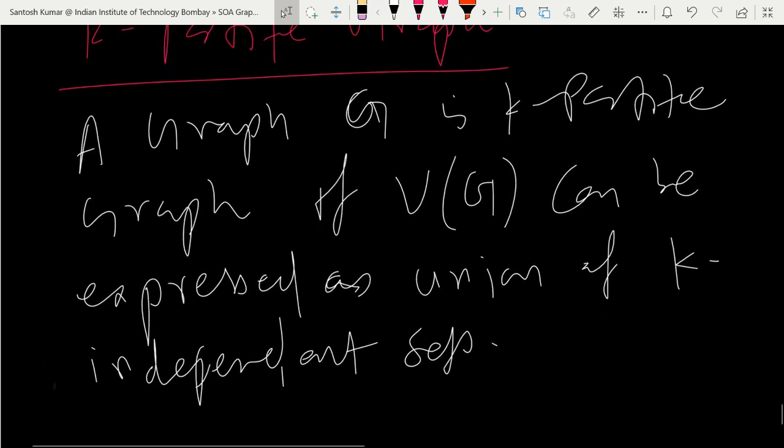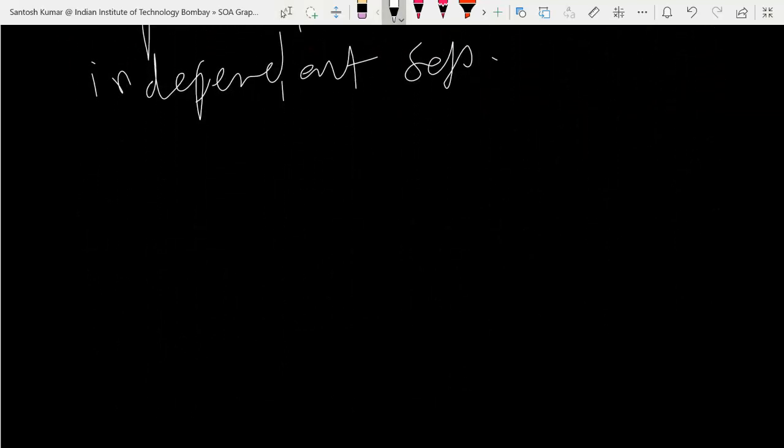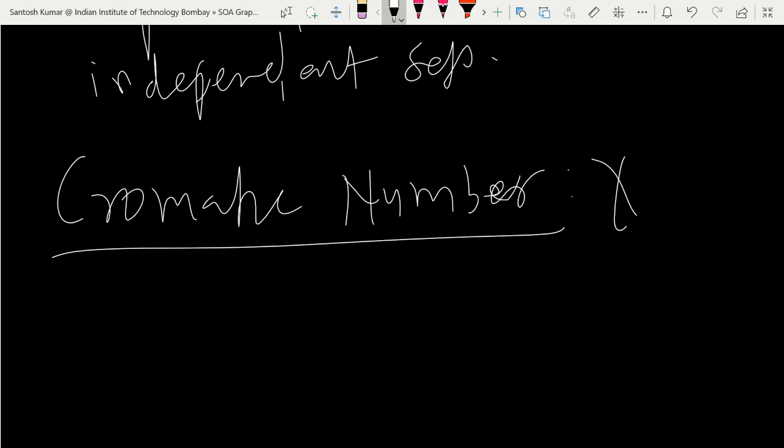Okay. Then do you know the chromatic number? Because this will be needed in the chapter on coloring of graphs. What is the definition of chromatic number? The notation is chi of G. This is the notation.